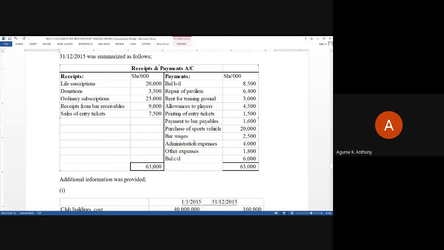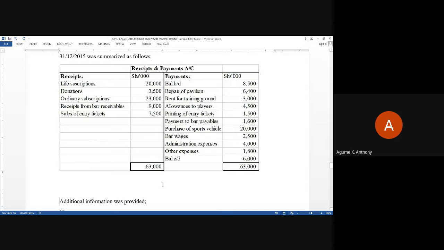Then there is purchase of sports equipment. So in other words, you need to add the following. Under receipt, when you remain like this, it does not balance.